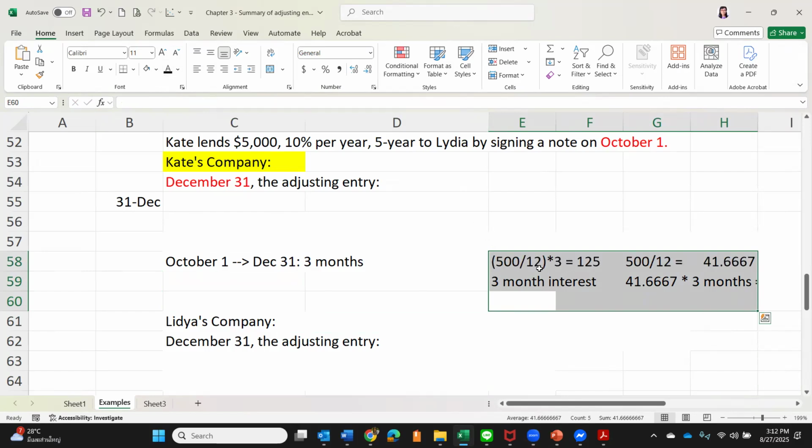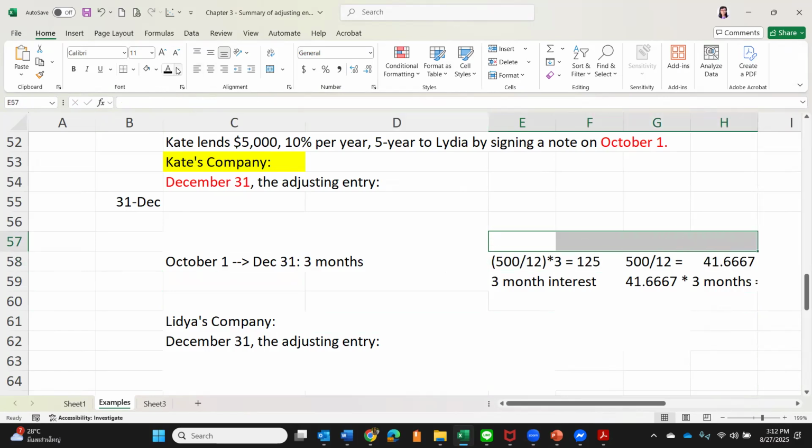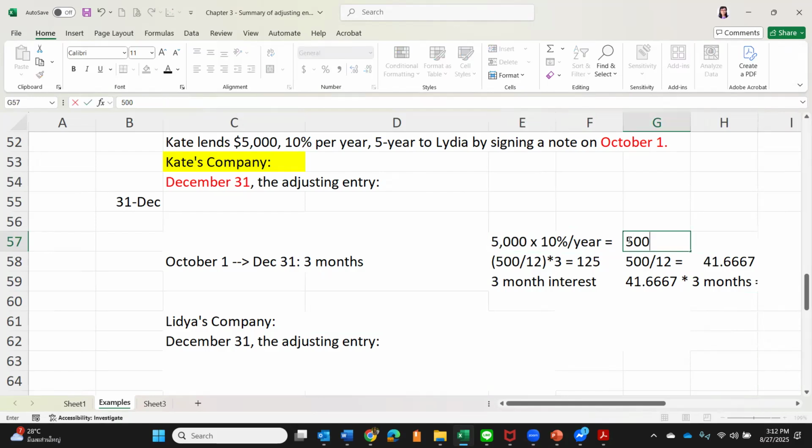So to find the interest, we take $5,000 times 10% per year. The interest rate on the note is always per year, okay, class? So $5,000 times 10% gives you $500 per year.